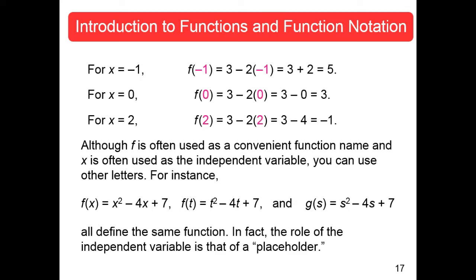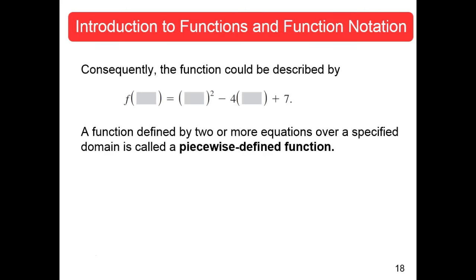They all define the same function. In fact, the role of the independent variable is just a placeholder, and quite often, derogatorily, we call it a dummy value. Consequently, you can put a gray box there. Alpha of gray box is equal to gray box squared minus 4 gray boxes plus 7. Whatever you put in there, it's going to square it, subtract 4 times it, and add 7 to it.